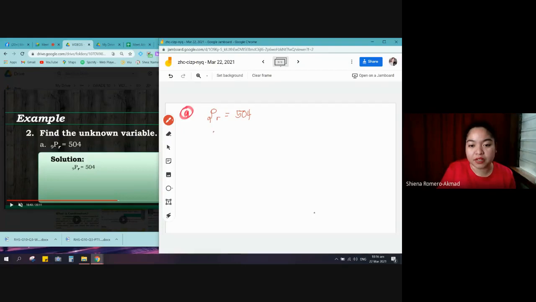Remember that permutation of 9 taken r at a time is equal to 9 factorial divided by n, our n is 9 minus r factorial. So, since they are equal, we can say that 9 factorial divided by 9 minus r factorial is equal to 504.